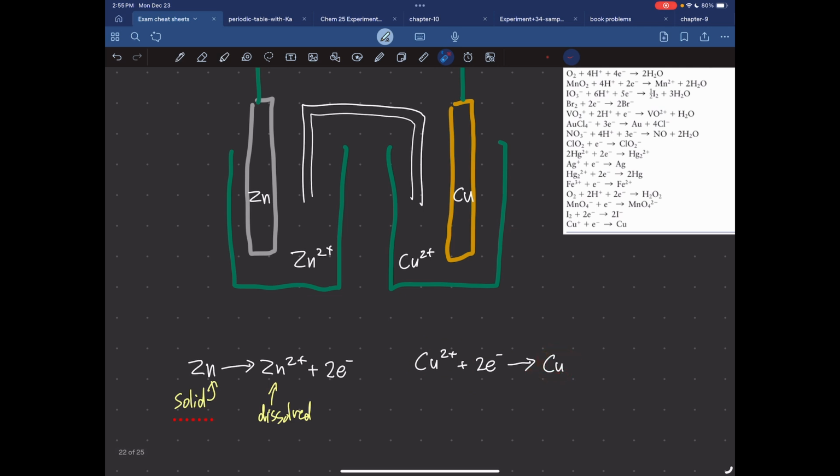And the zinc gets turned into zinc ion and 2 electrons. You can see how this makes sense, because 2 electrons is 2 minus charges, and this is 2 plus charge, so these two cancel out the charge. And this is solid, and the ion is when it's dissolved.